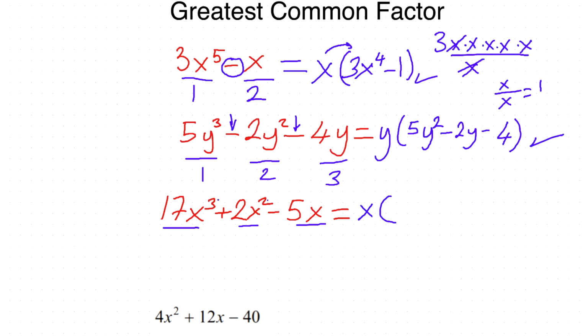When you look at the coefficient, the number in front of the variable, the coefficient in the first term is 17, the second term is 2, and the last term is negative 5. So we will take the x out. What are we going to be left with here? 17x squared plus 2x minus 5. Okay, this is how you factor this out.